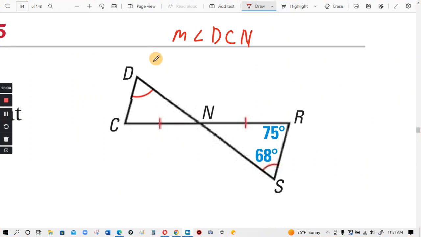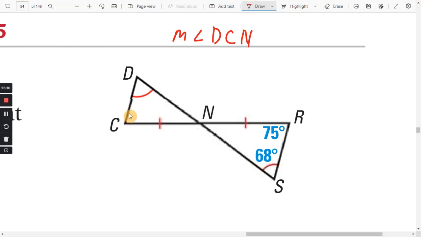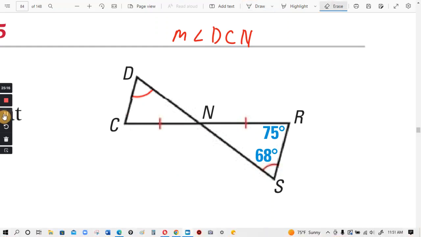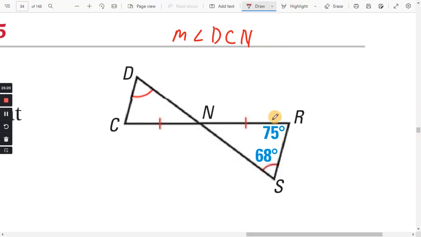All right, please pause and see if you can find the measure of angle DCN. DCN is going to be this angle right here. We have two angles, 75 and 68. We can find this angle in here. Remember the triangle angles add to 180, so we're going to subtract those two from 180.